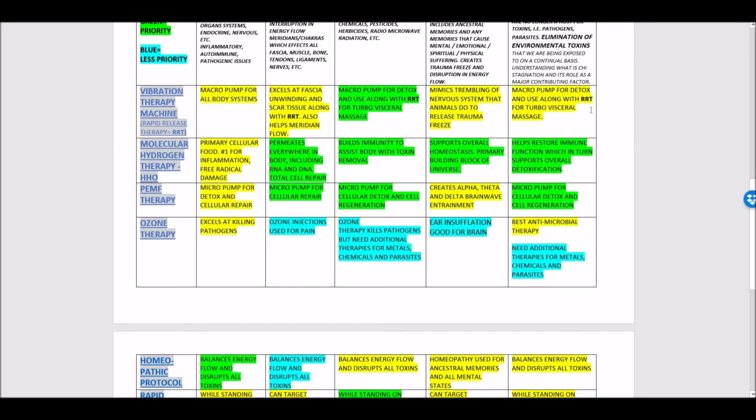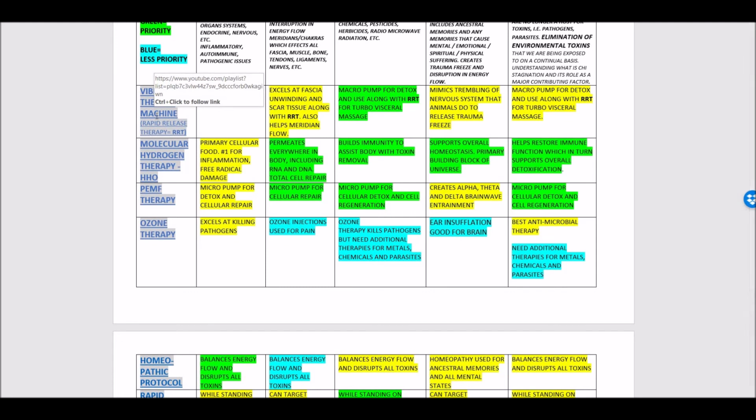Okay, so you want to use the Blue Z water and the vibration therapy machine together, and we call this a macro pump for detox. Also, the rapid release is a tactical tool for working on the organs.